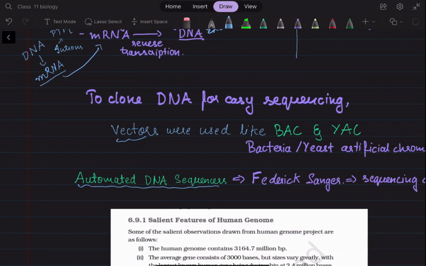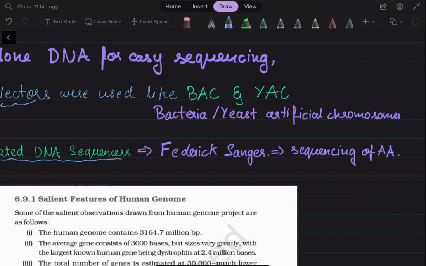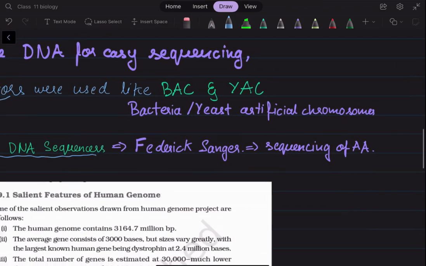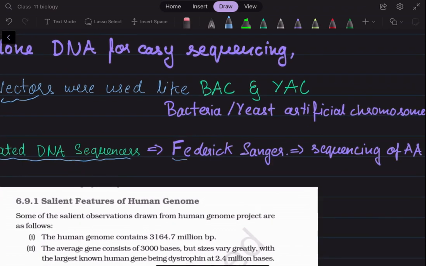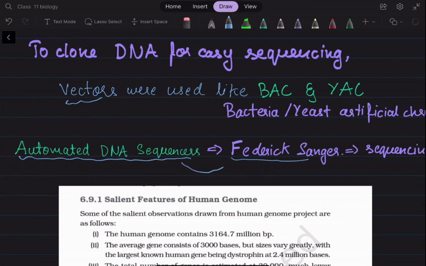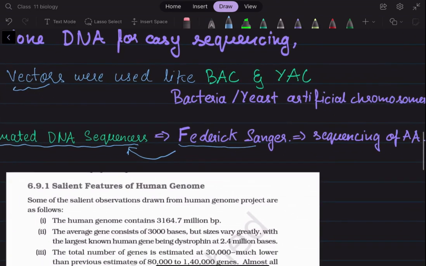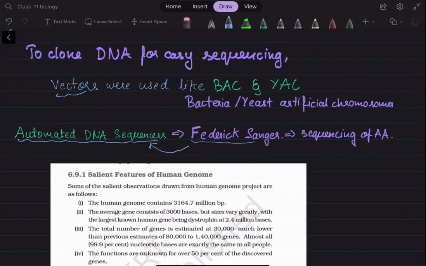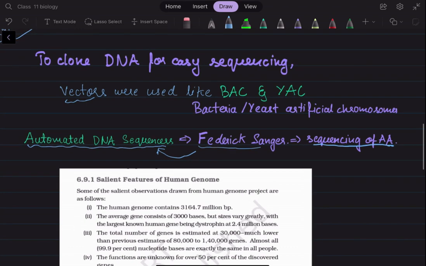These were able to determine the sequence of DNA. There was a scientist named Frederick Sanger. He developed a method on the basis of which these automated DNA sequencers work. And he also developed a method for sequencing the amino acids too. So he's credited for both sequencing the DNA and the amino acids.